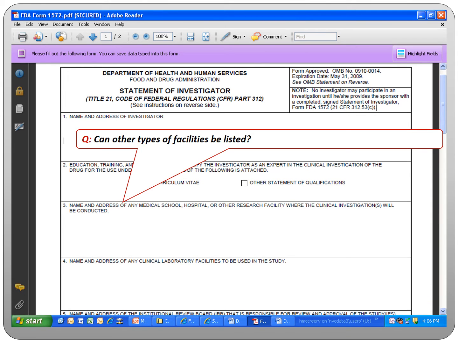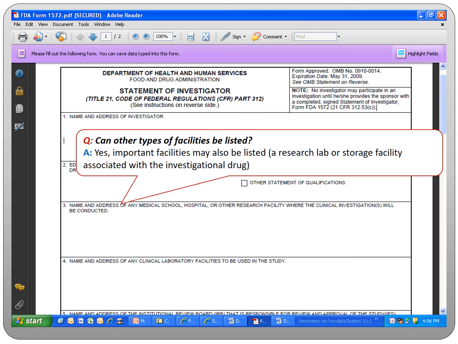Can other types of facilities be listed? Because this list just says medical school, hospital, or other research facility, and that is a very small list, right? So then you think, well, what if I have a place that's not on this list? Yeah, you're going to put any place else that's important.